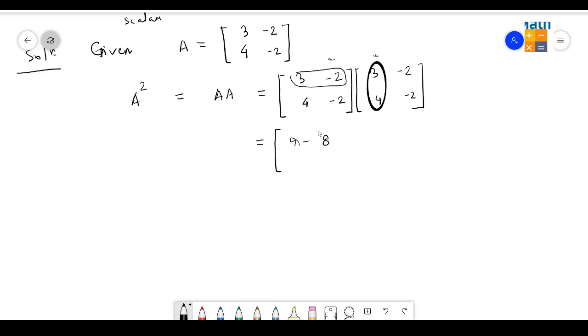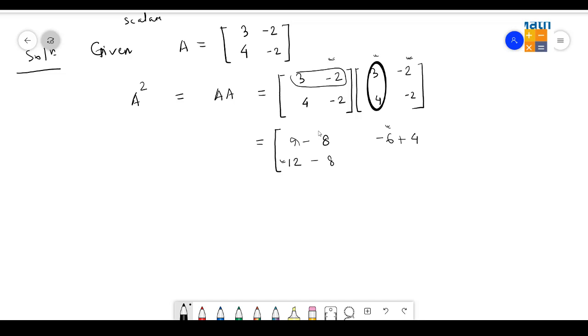Now for this position, we have to consider the first row of the first matrix and the second column of the second matrix. So 3 into minus 2 is minus 6, followed by plus, then minus 2 into minus 2, it is positive 4. Similarly for this row, the first element, 4 into 3 is 12, followed by minus 2 into 4, it is minus 8.